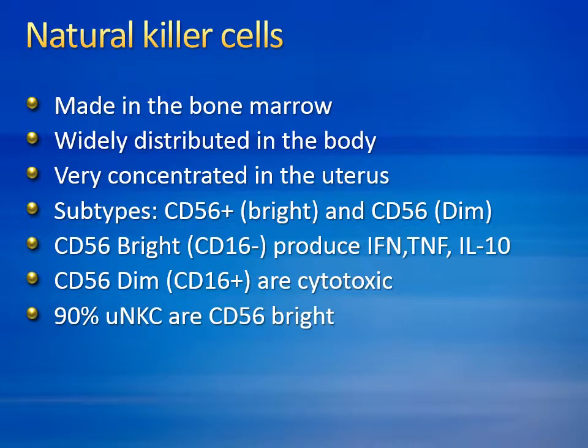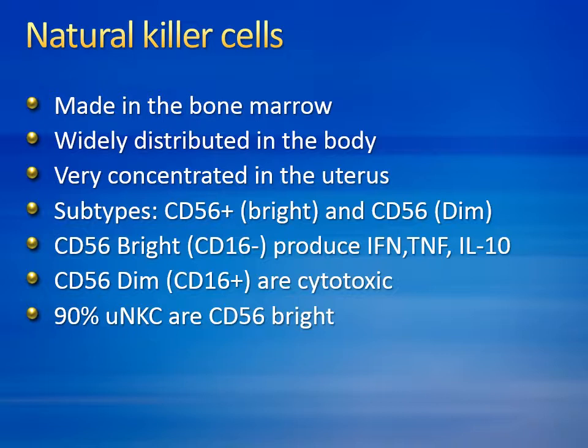So where do natural killer cells come from? Well, they're made in the bone marrow. They are widely distributed within our body. They are very concentrated in the uterus. And we understand that there are different subtypes of these cells. So a natural killer cell is a CD56 positive cell, and that's basically just the numbers and then the letters that we use for a certain surface marker.